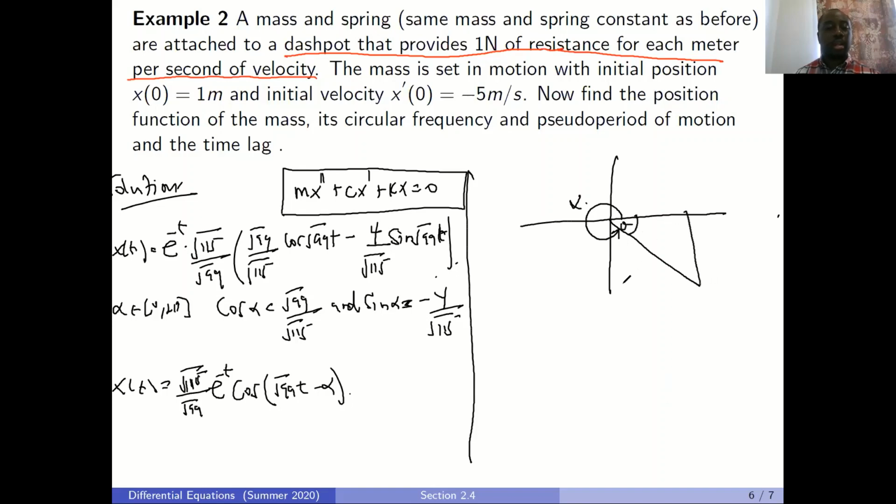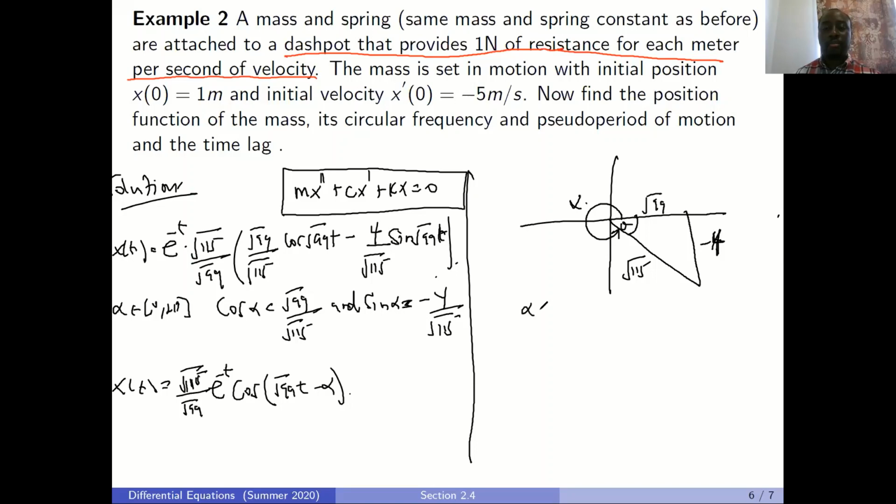And then we know that if our hypotenuse is the square root of 115, then we have the square root of 99 here, so that the cosine will be the ratio we have, and then we have a minus 4 here to get the sine. Right. So I'm just using opposite over hypotenuse, adjacent over hypotenuse to put these values here.